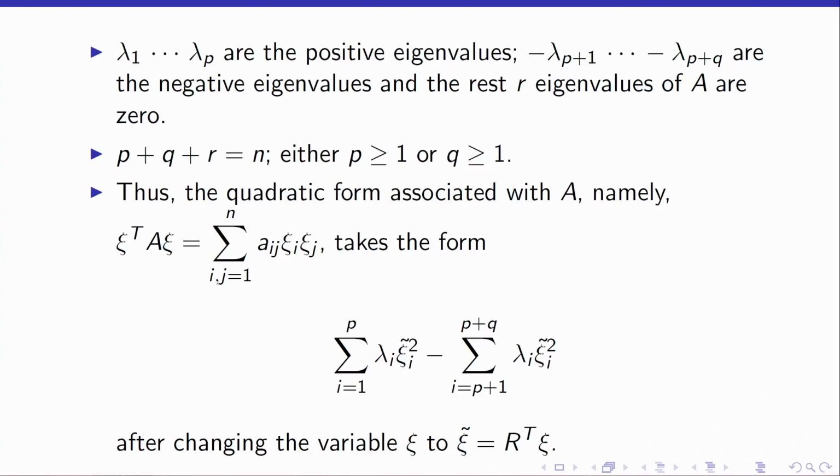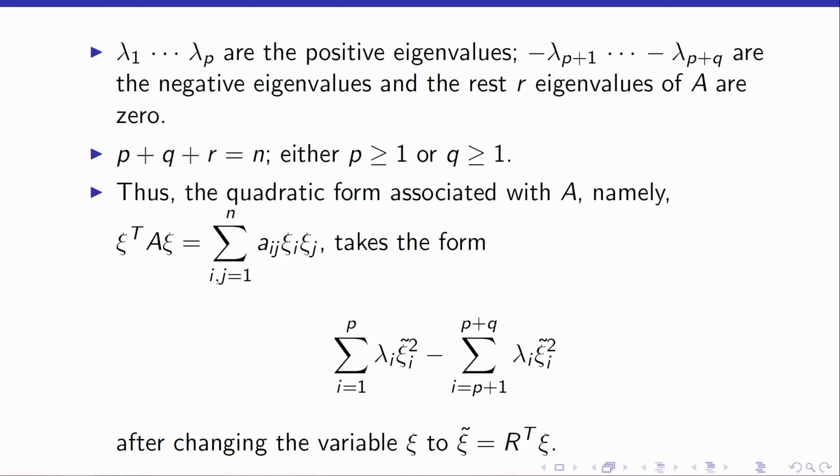So there are no xi_i tilde xi_j tilde cross terms. It is purely a diagonal form, lambda_i xi_i tilde squared corresponding to positive eigenvalues, and then a term corresponding to negative eigenvalues. Of course, the rest are 0, so they will not appear.